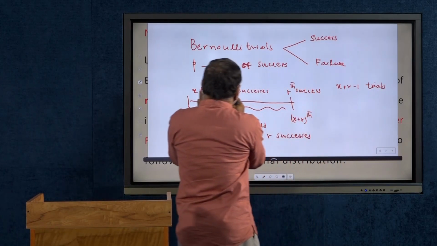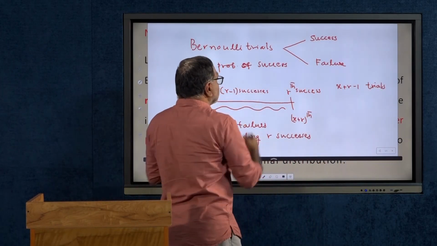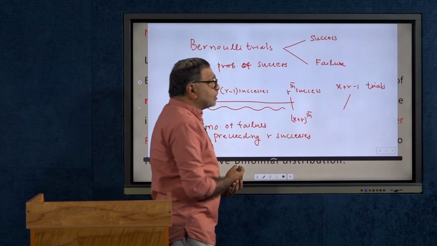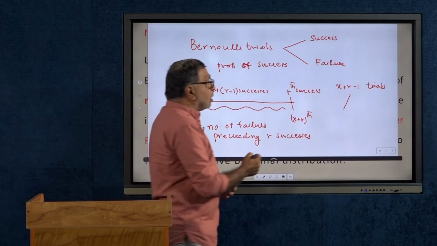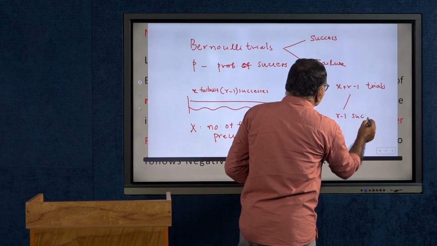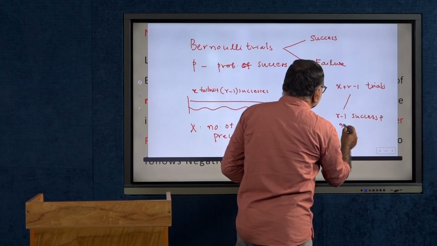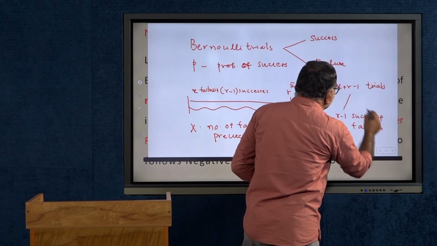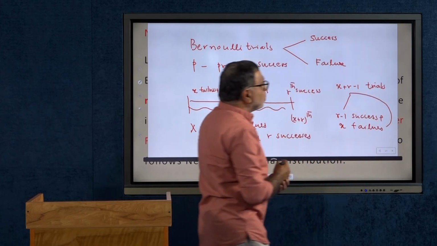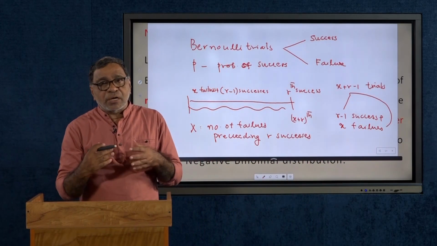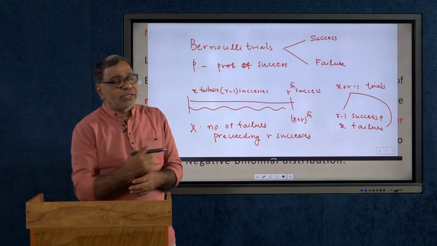We have x plus r minus 1 trials. And in the x plus r minus 1 trials, we have r minus 1 successes and of course x failures.